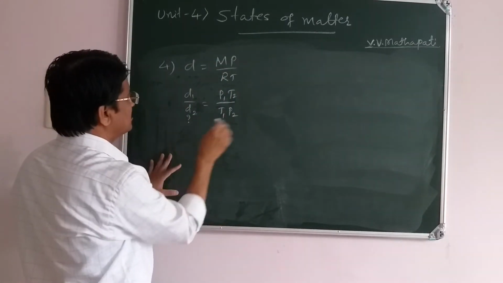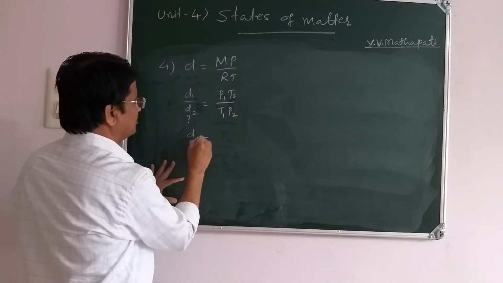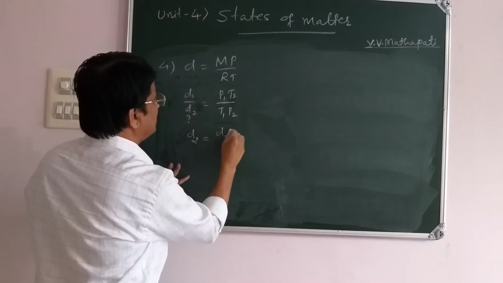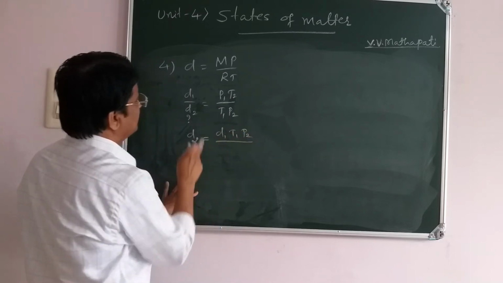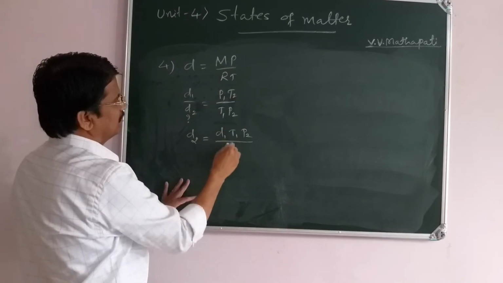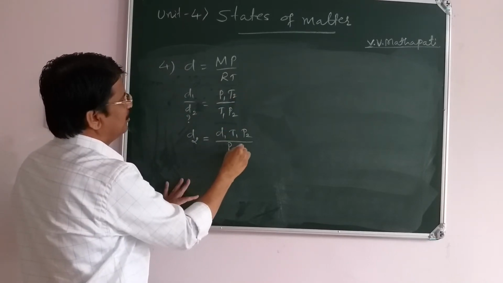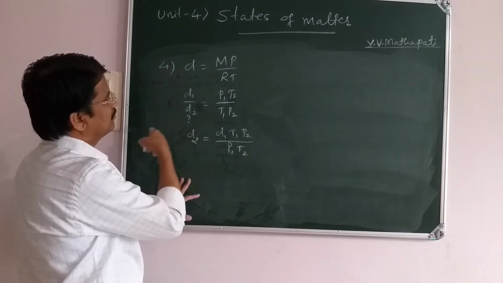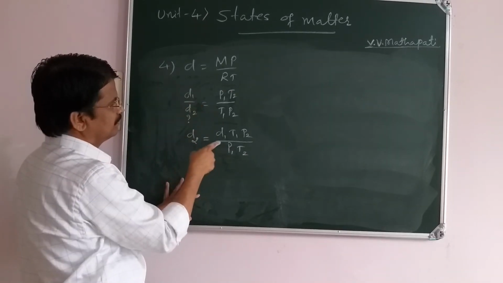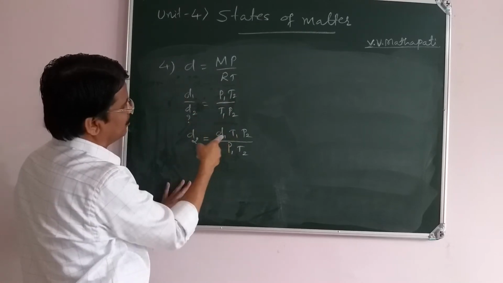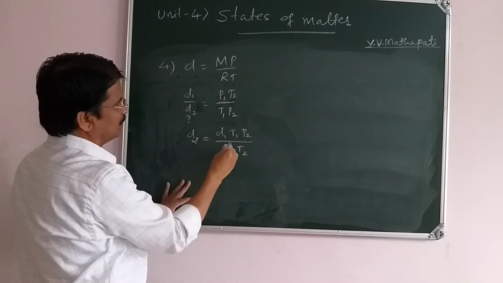Rearrange the formula: D2 equal to D1 T1 P2 divided by P1 T2.